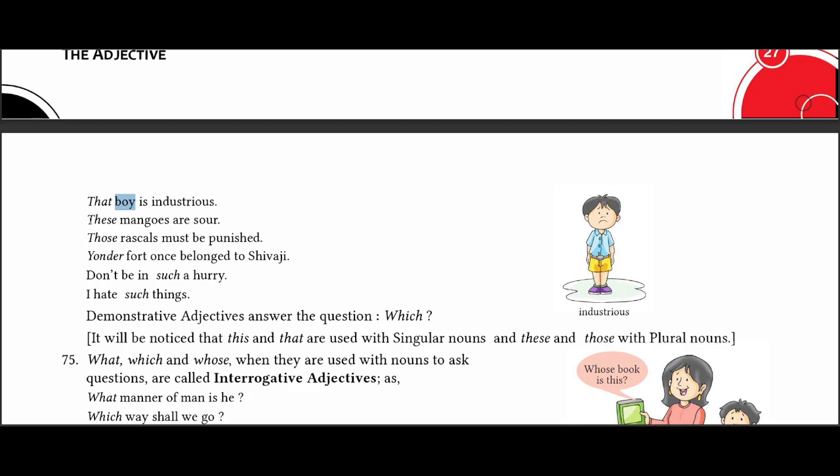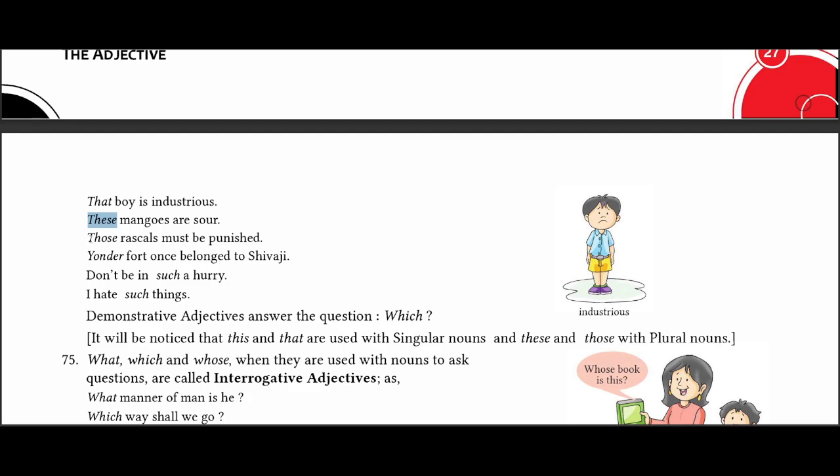Now look at the second statement. These mangoes are sour. Mangoes is a noun, and this word these is an adjective. It is pointing out which mangoes are sour. These.